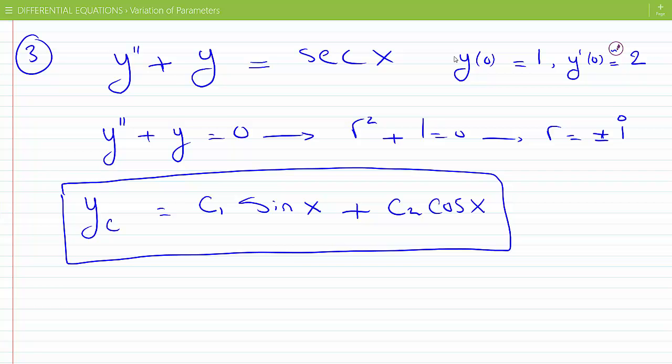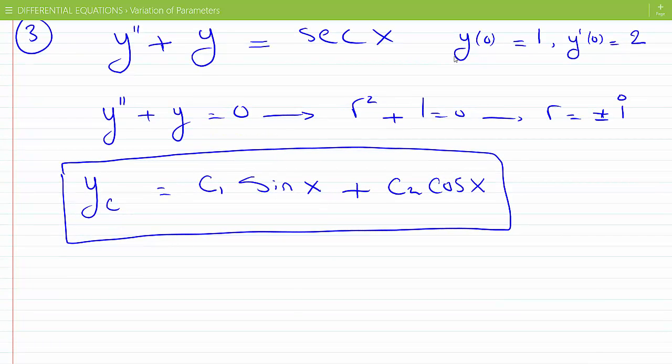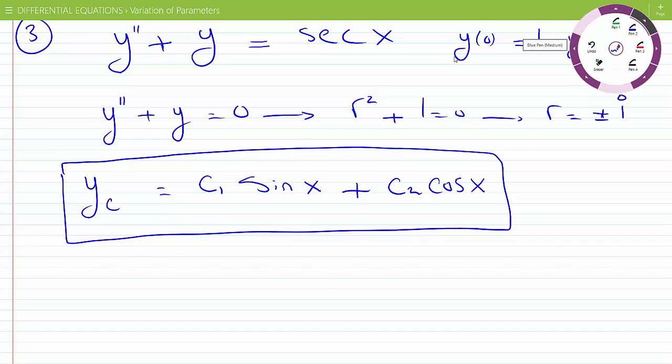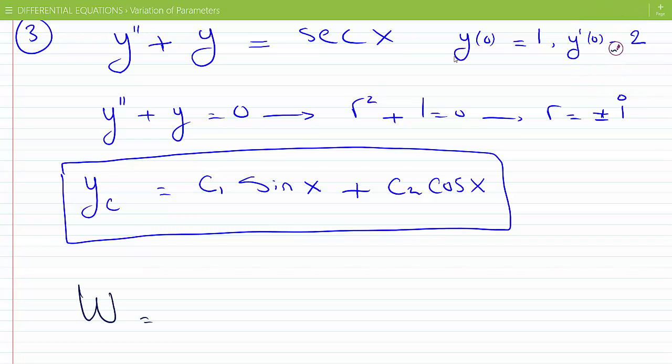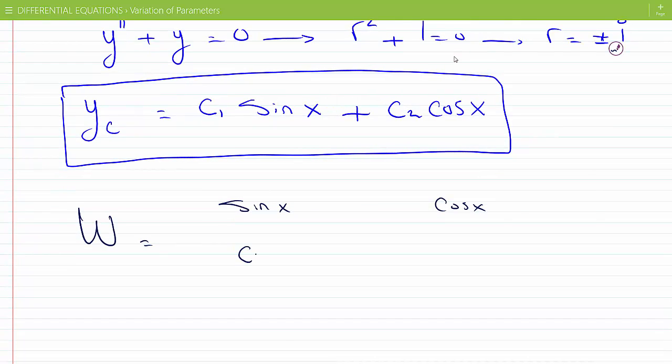And from here we can derive the u1 and u2. First, get the Wronskian. So that's sine x, cosine x, and their corresponding derivatives: cosine x, and the derivative of cosine is minus sine x. Then we take the determinant of this.